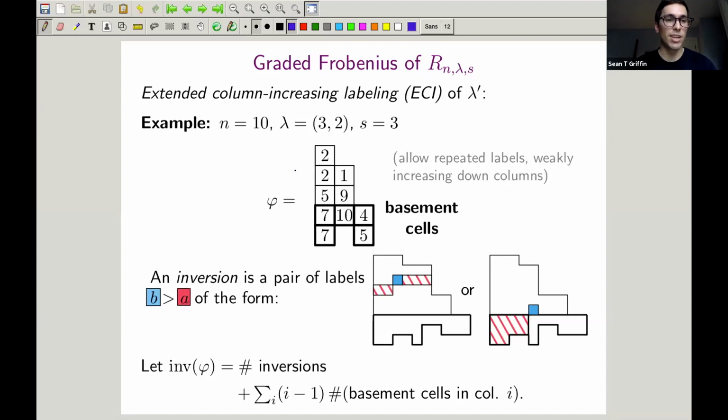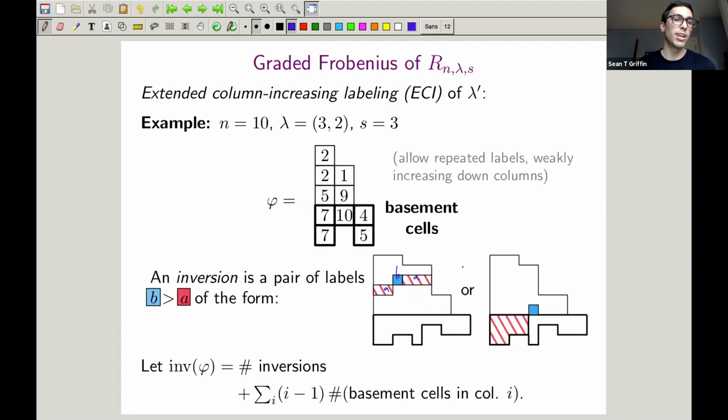And we define an inversion statistic on these labeled objects. Given b greater than a, 2 labels, they form an inversion if b is in the partition shape and a is either immediately to the right of it, or in the next row and below it, and in the next row and to the left.